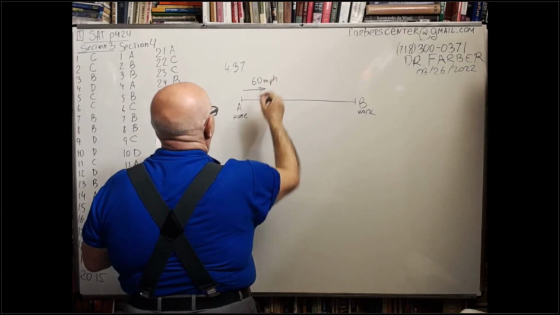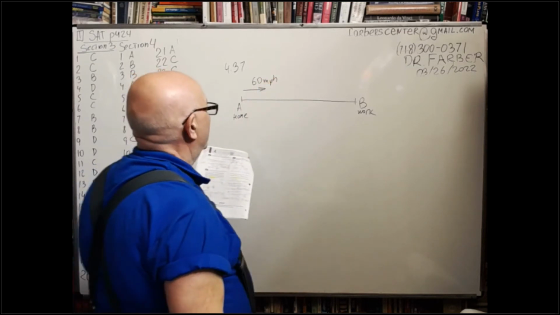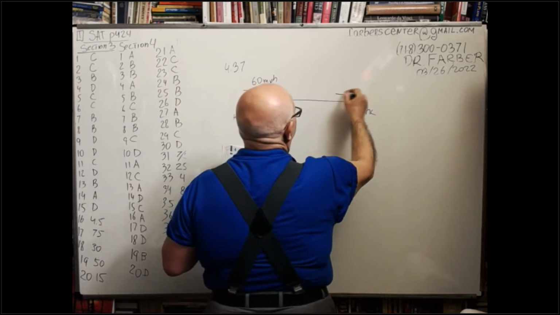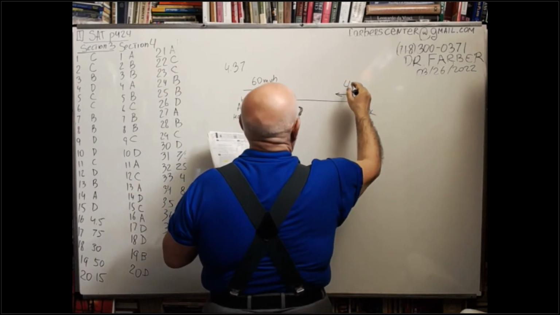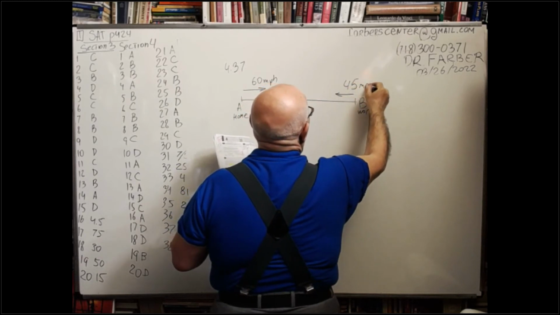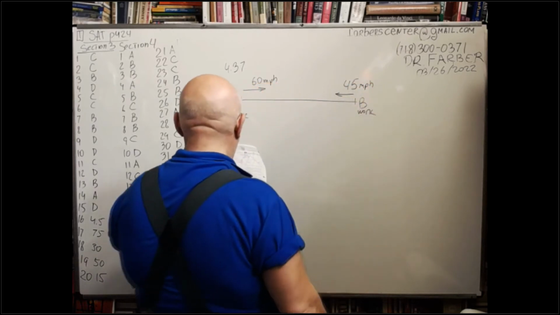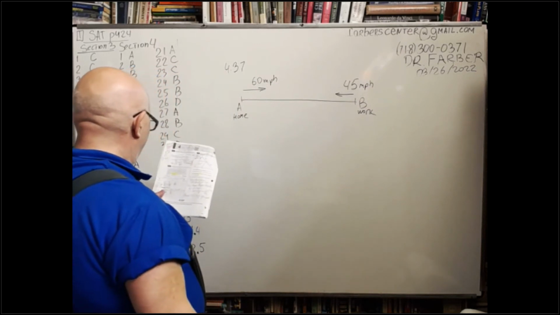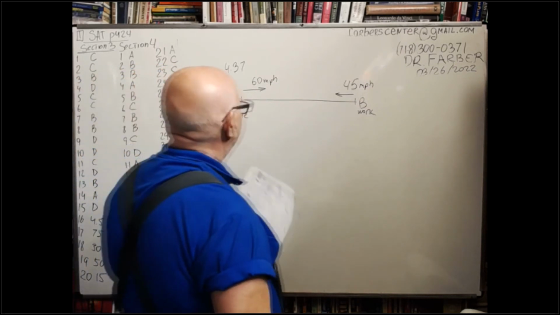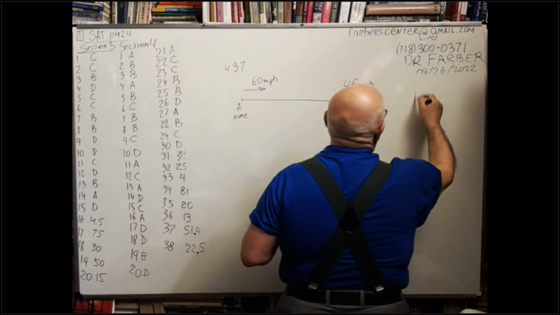Make this vector 60 mph. And back he has 45 mph. Okay, to the nearest tenth, what is the average speed? R average.